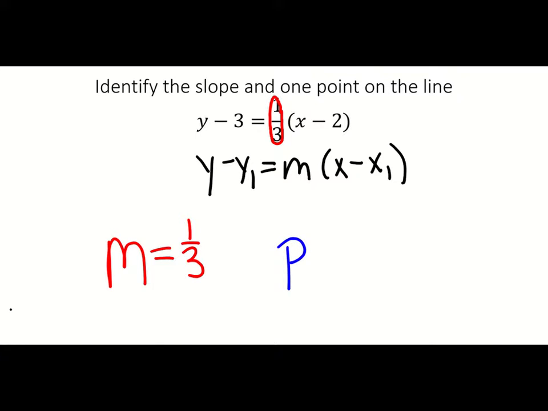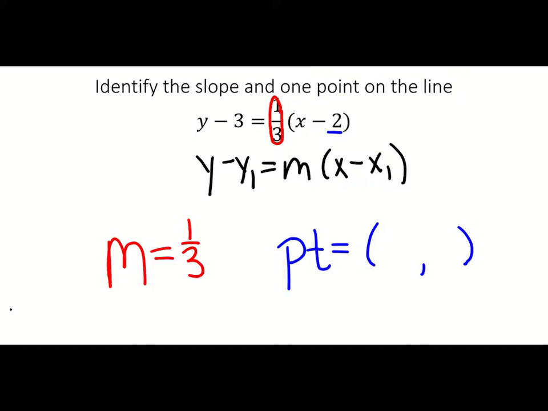Now, as for the point, it is always written as x comma y because a standard pair is xy. So what we want to do is look at what number is after the x to figure out our x value and what number is after the y to figure out our y value. So if we take a look after the x, you have a 2.